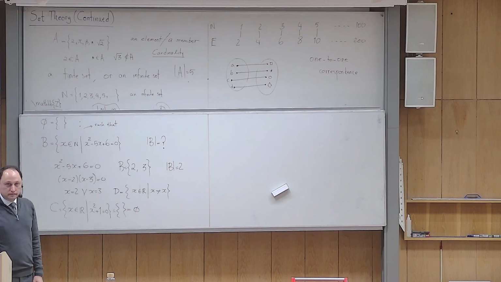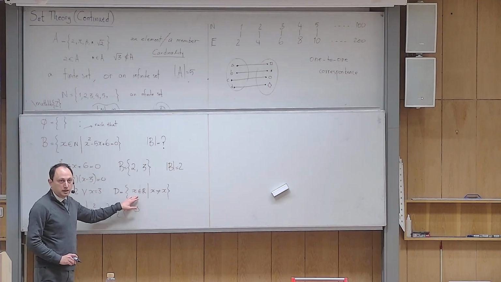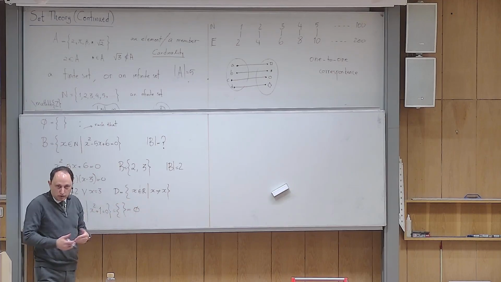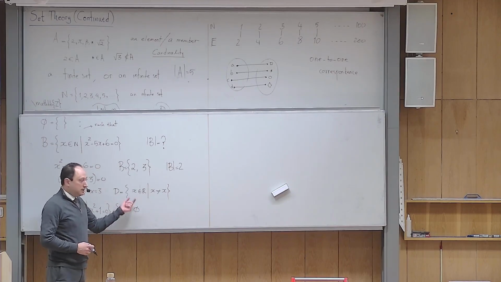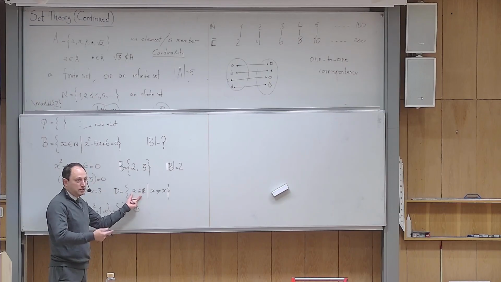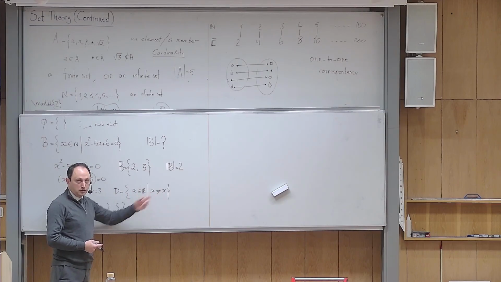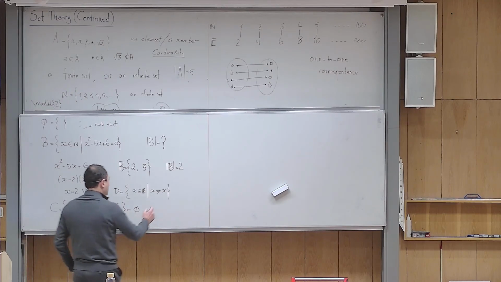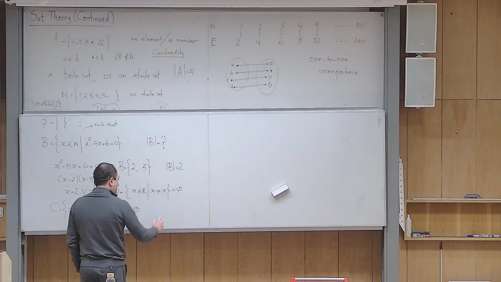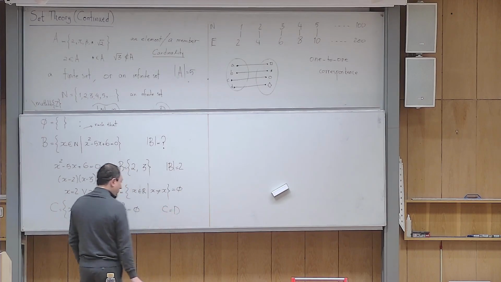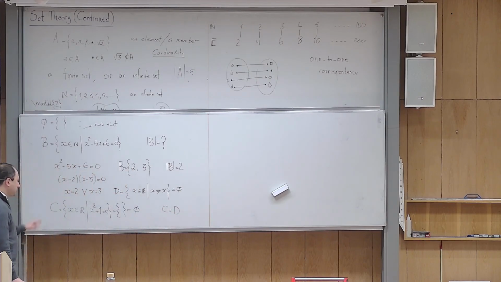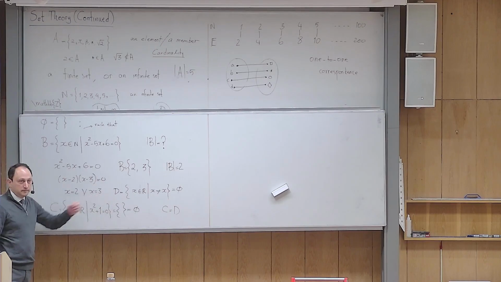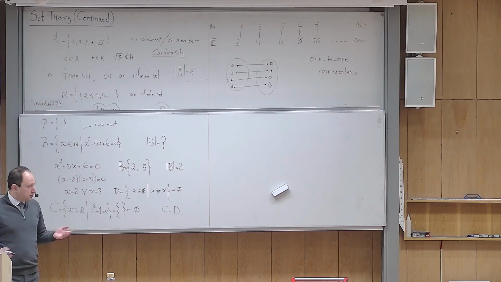Yes, empty set. That's also empty, because whatever you choose from real numbers, it is equal to itself. This tells you to go and find a real number which is not equal to itself. Can you find such a number? No. So this means that it's also empty. So can I say that the set C is equal to set D? Yes, because both of them are equal to the empty set. What is the cardinality of D? 0. Yes.